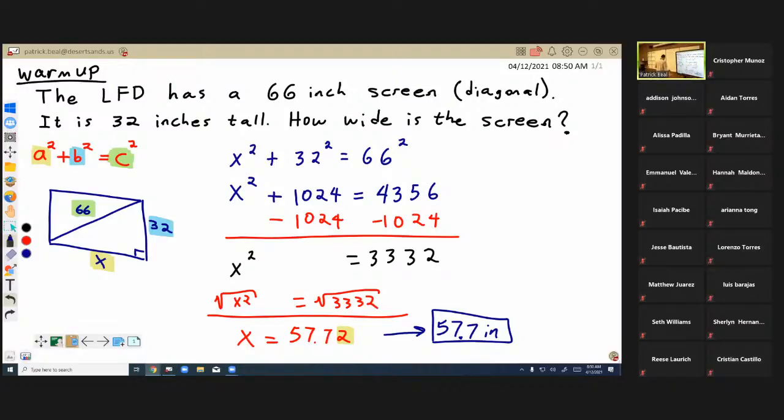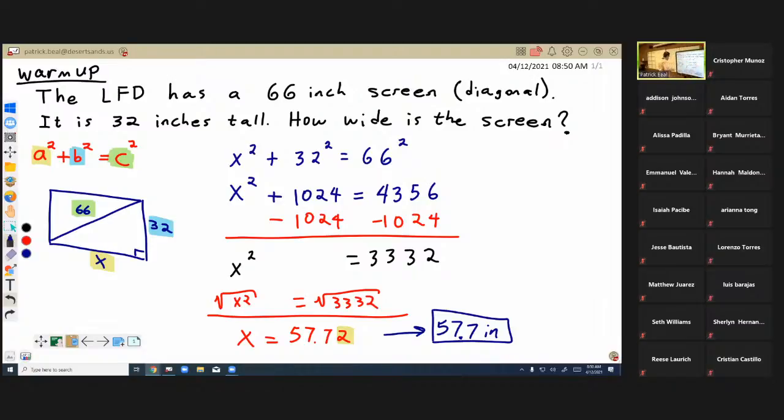So let's see how accurate that is. Because I do have a measuring tape, and I verified that the diagonal of this screen is, in fact, about 66 inches. From corner to corner, there to there, that's 66 inches.